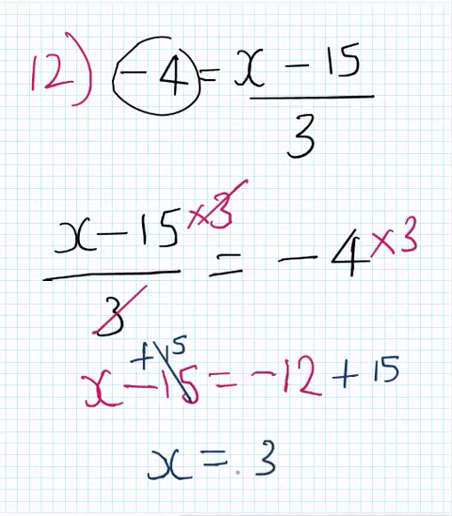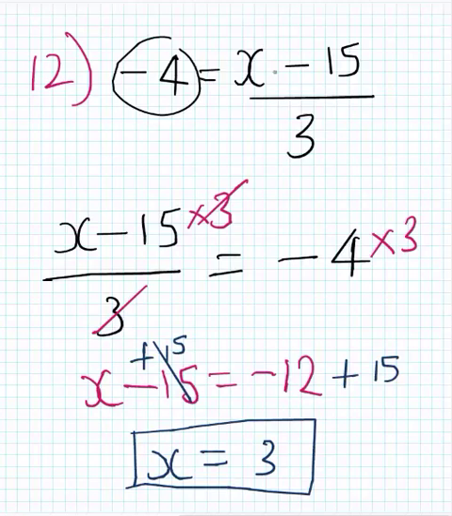So now let's just check and see if x equals 3 is the correct solution. So in our equation, we'll use this one up here. If x was 3, so I'll rub out my x. And if I put 3 there, let's have a look and see if we get negative 4. 3 minus 15, that is negative 12.